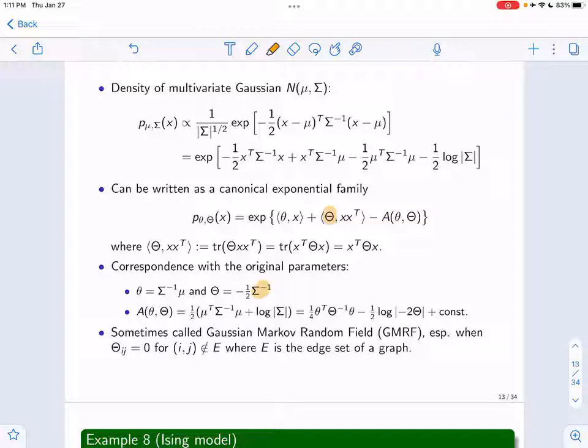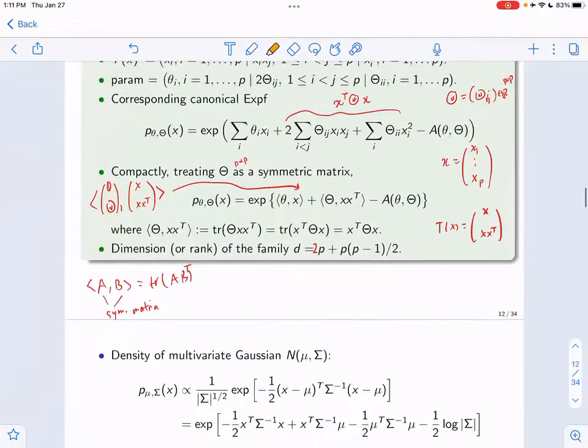And it turns out that this has interesting properties. If you look at this, whenever theta ij is 0, these terms, the interactions, are not present. And so when theta ij is sparse, a lot of these interactions don't affect the density.